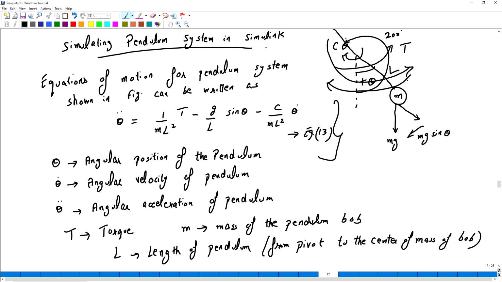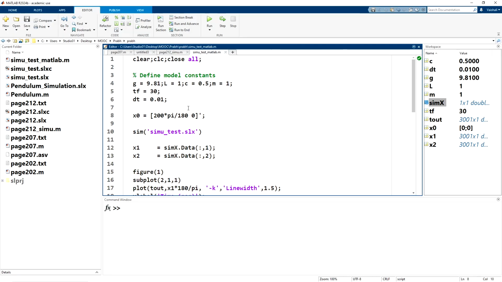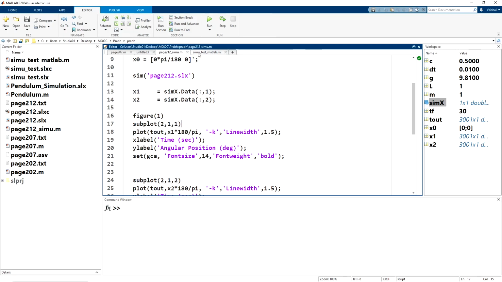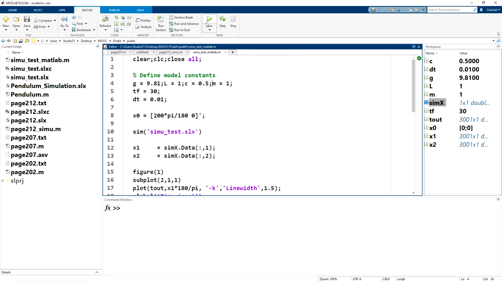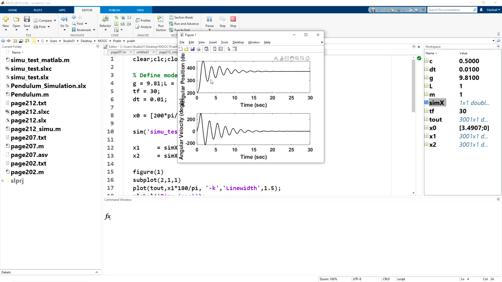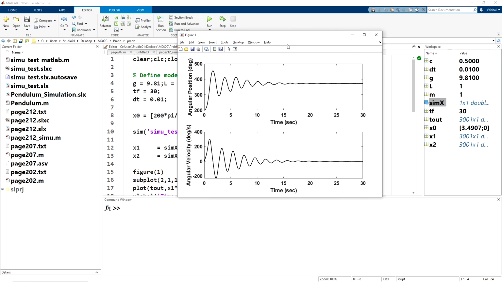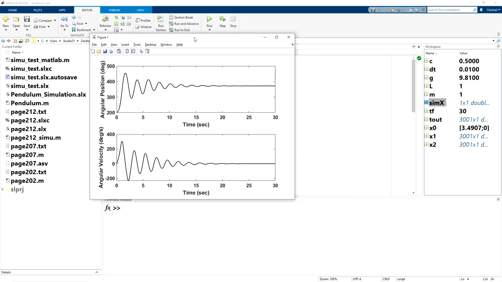Now let us see if the model that we have done is able to predict it rightly or not. I am running this code with the initial condition as 200 degrees, all right, and run. So this is the first model that we have considered, a MATLAB function, that is the nonlinear model.